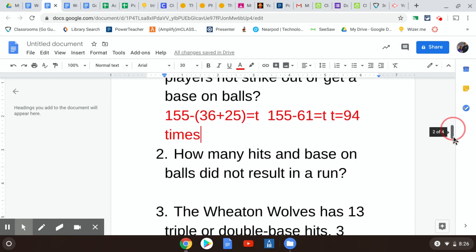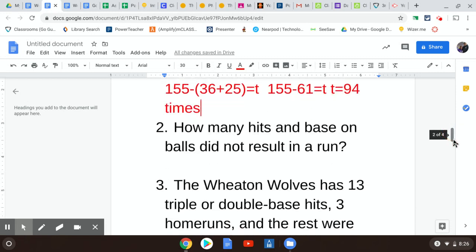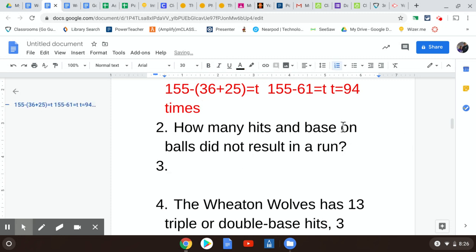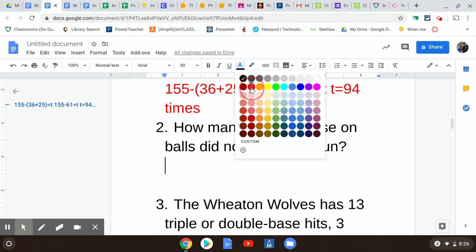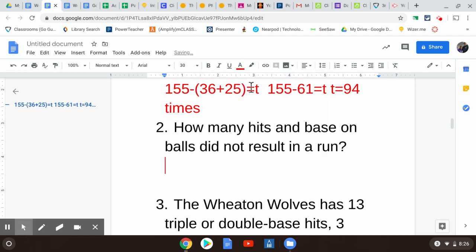Number 2. How many hits and base on balls did not result in a run? Let me change my color. Okay, so first we have to add the total of hits and base on balls that there was. So I'm going to put that in parentheses because we need to do that first.